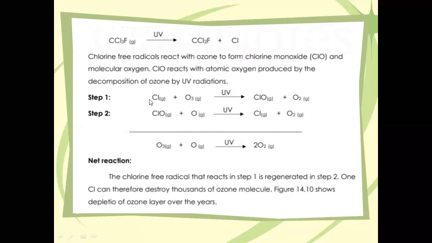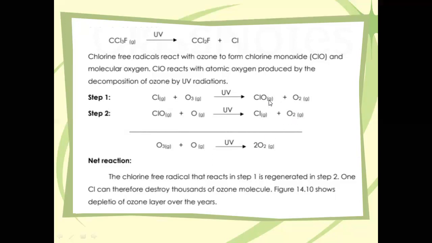Then this chlorine monoxide reacts with atomic oxygen and gives chlorine free radical and an oxygen molecule.